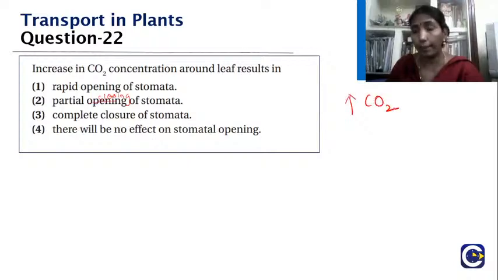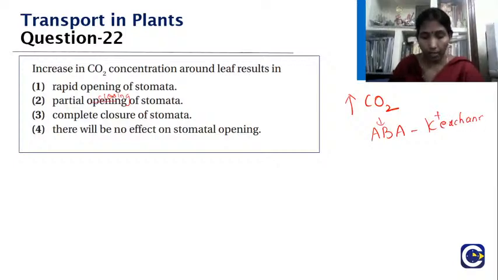When there is more carbon dioxide, the abscisic acid, I hope you all know, will get released. So there will be no potassium ion exchange. So what will happen in the guard cells? Because there is no potassium, they will lose turgidity. And so what will happen? The exosmosis will happen in the guard cells.